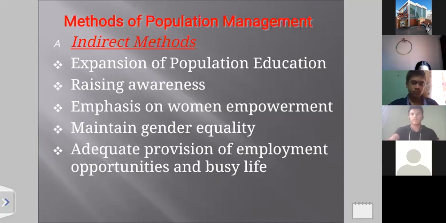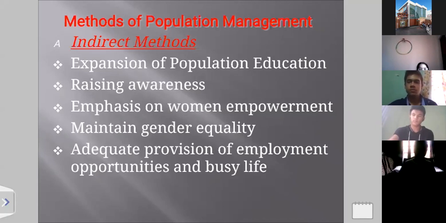As we all know, if people have employment opportunities, their life will become so busy. Employment opportunities are also one of the important factors, one of the important elements of quality of life.